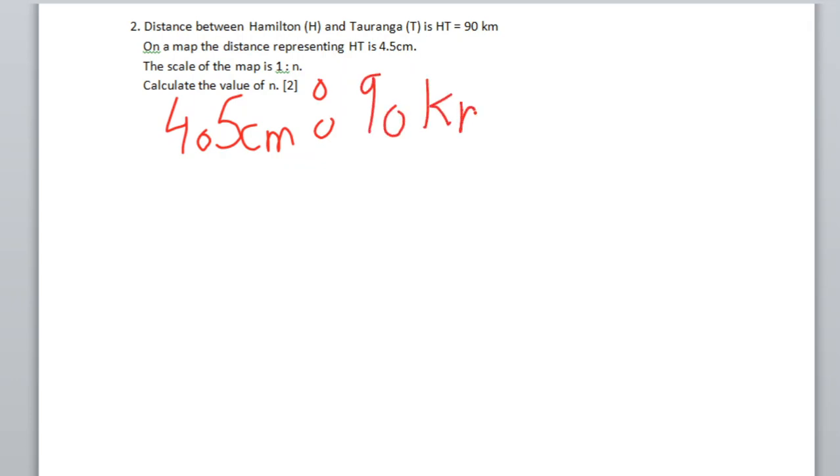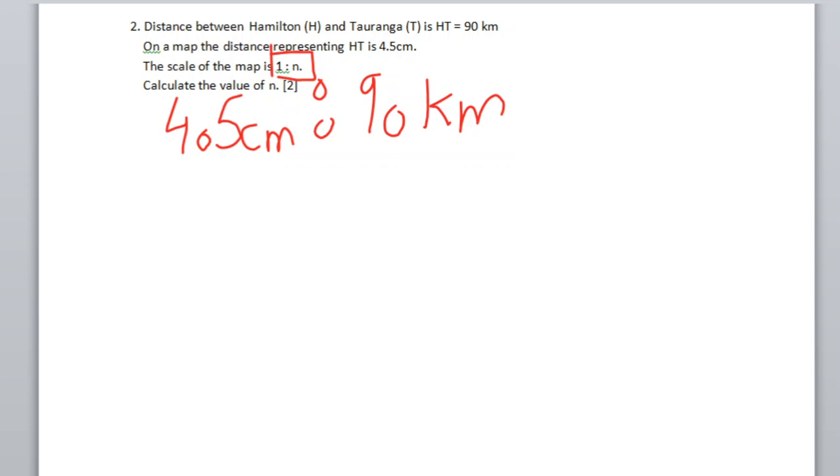We have to change this into the form 1:n, which does not have any unit mentioned, which means both the units are the same, and also the value on the left has to be 1. So we have to make 2 corrections.